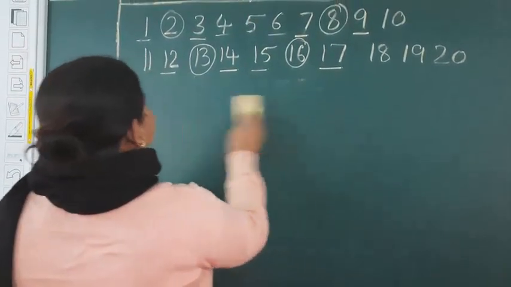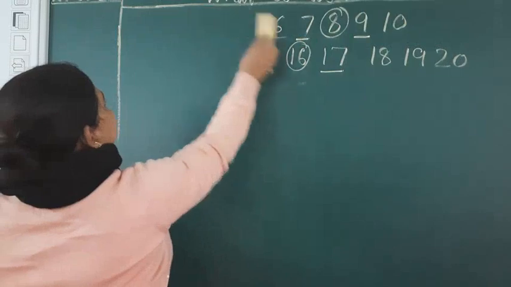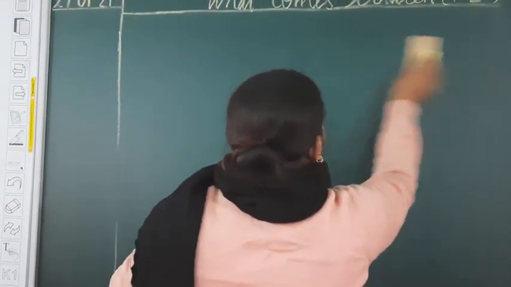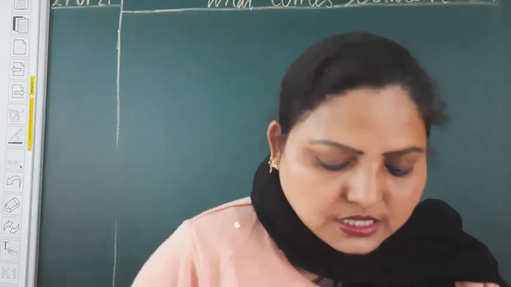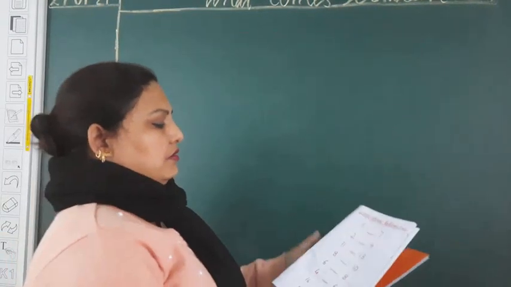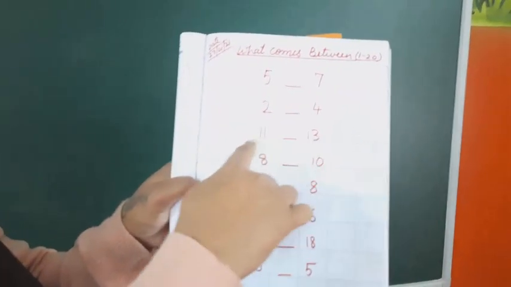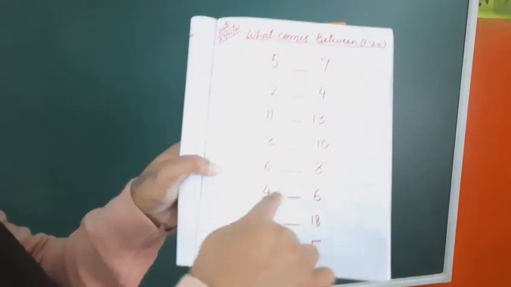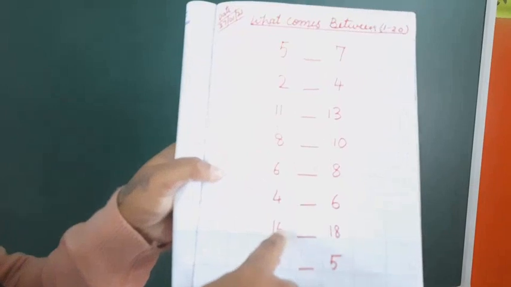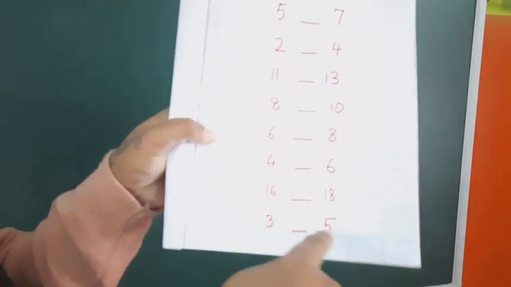Now I am going to give you one exercise. In the copy I will give you, that one copy only. See this copy, you can see all the numbers: 5, 7, 2, 4, 11, 13, 8, 10, 6, 8, 4, 6, 16, 18, 3 and 5.